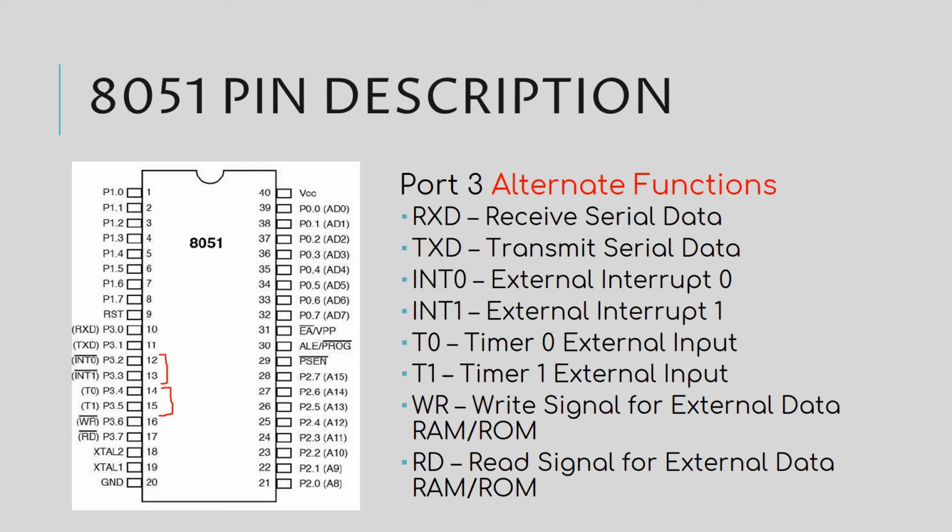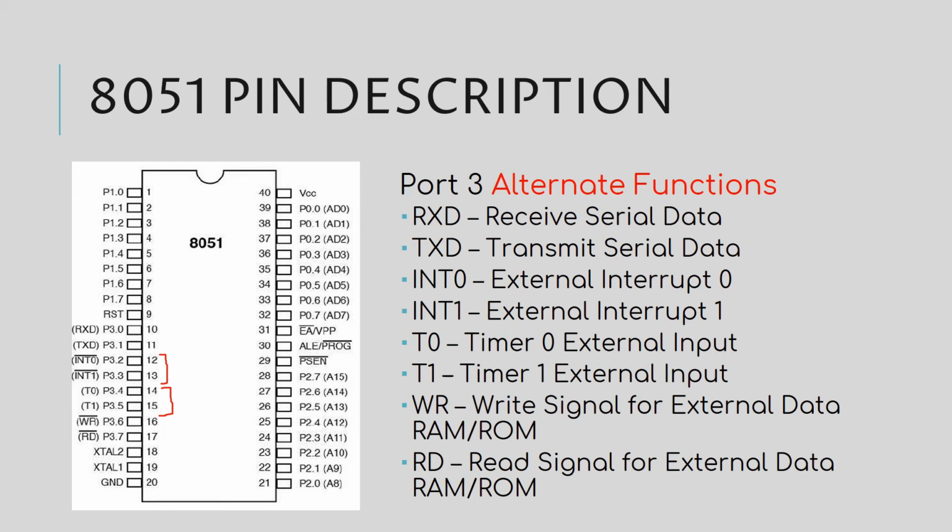But these pins can provide external operating frequency for the timers. Pin 16 is write and pin 17 is read. These pins are used to initiate read and write operations only when external memory is connected with 8051. Part left side of the chip is complete.